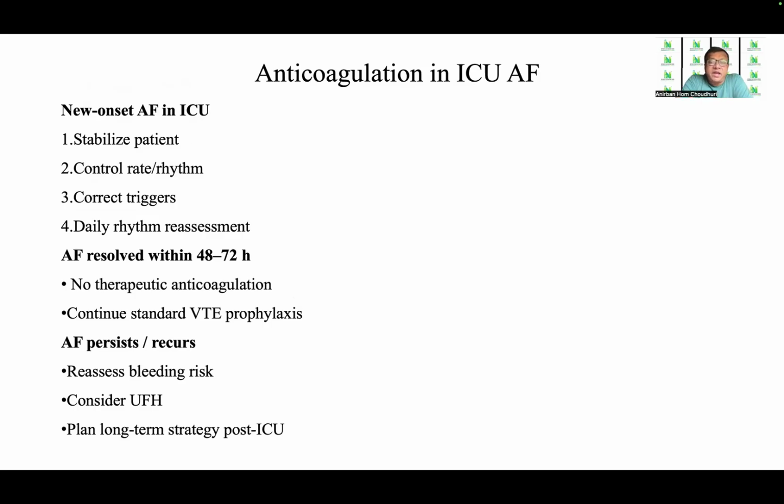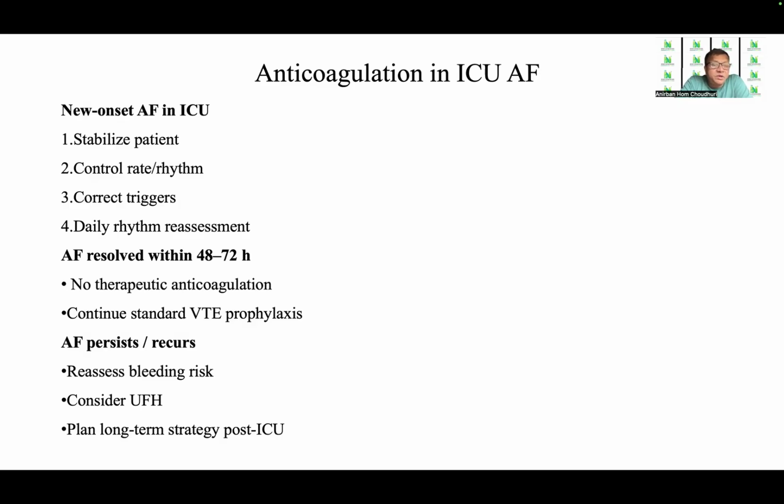So when we consider anticoagulation in ICU atrial fibrillation, we have to think about any new onset AF in the ICU. First, we have to stabilize the patient, control the rate or the rhythm, correct the triggers, and go for a daily rhythm assessment.